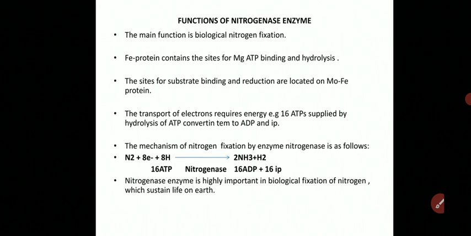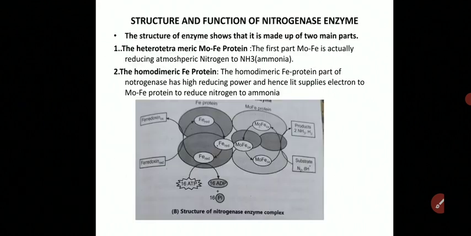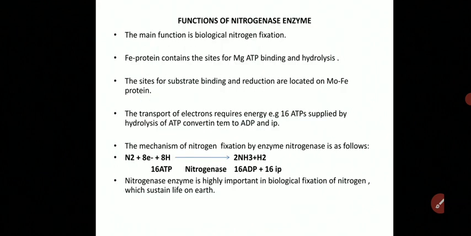So the mechanism of nitrogen fixation by enzyme nitrogenase is as follows: N2 plus 8 electrons plus 8 H+ ions gives rise to 2 molecules of NH3 plus H2, in which this reaction is catalyzed by nitrogenase enzyme, where 16 ATPs are hydrolyzed and 16 ADP plus 16 Pi are produced. So this is the structure and function of nitrogenase enzyme.